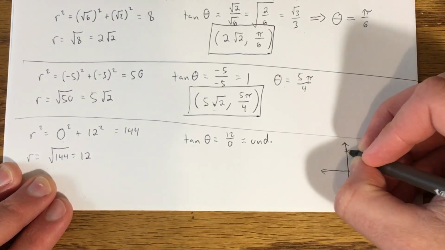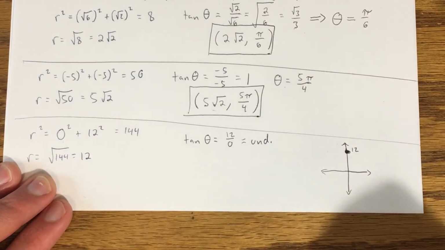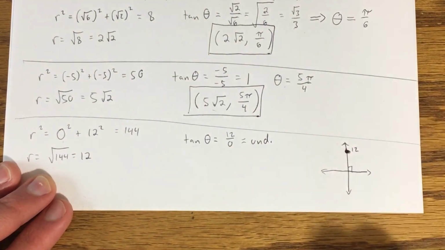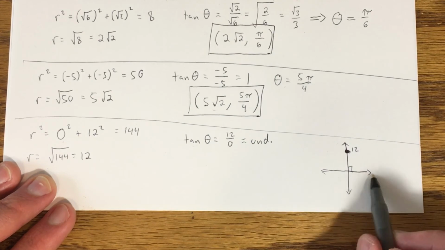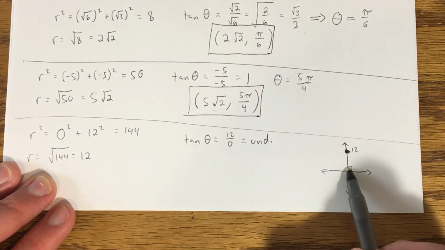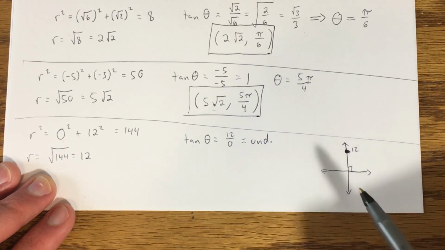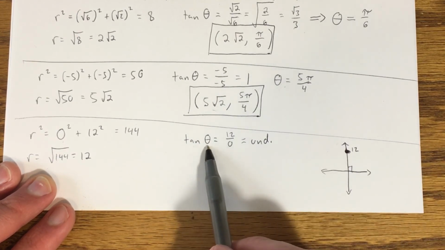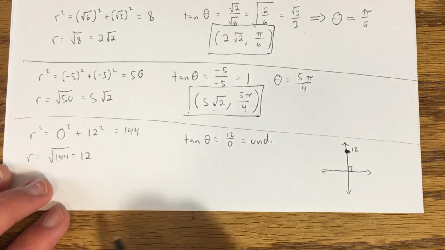That would actually be right here. There's the point (0, 12). I can see pretty clearly that creates a right angle with the positive x-axis, or the polar axis if I'm thinking in polar coordinates. So that would mean that my angle is pi over 2, which again is one of the places where tangent is undefined.